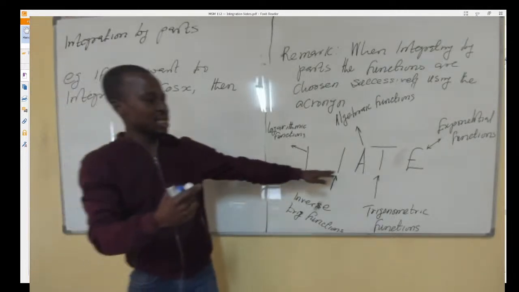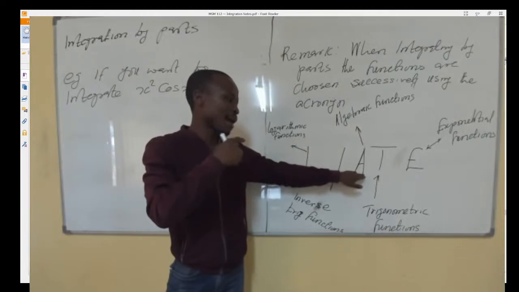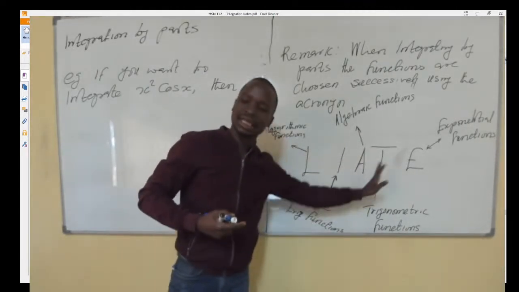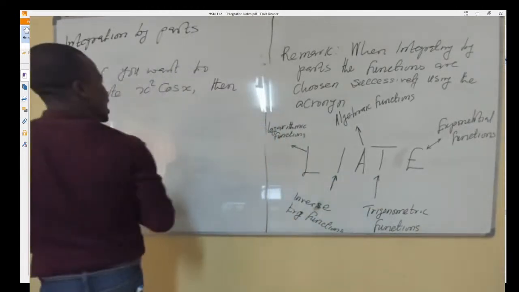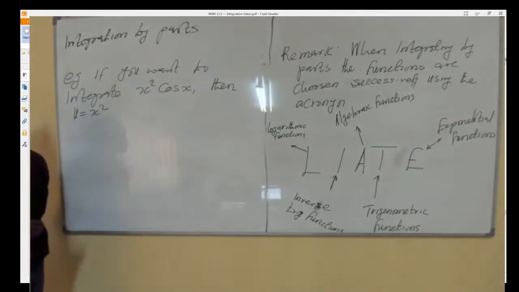If you look at the word LIATE, the algebraic functions come before the trigonometric functions. So in this scenario, your u will be equal to x squared.